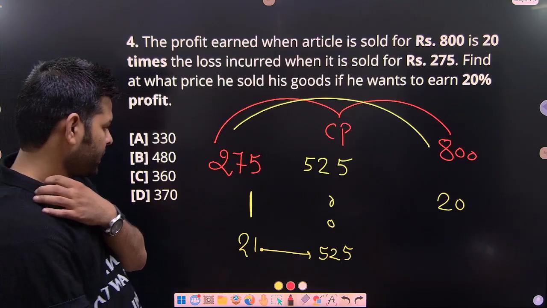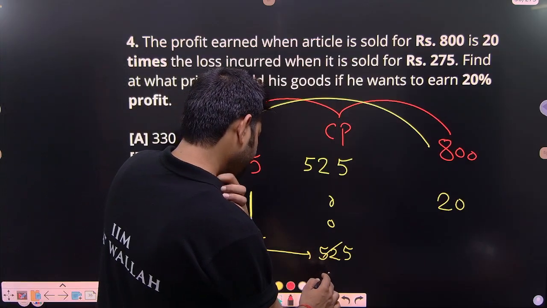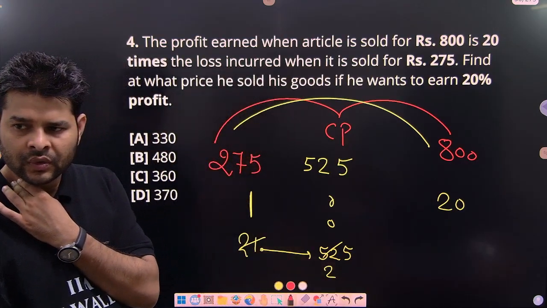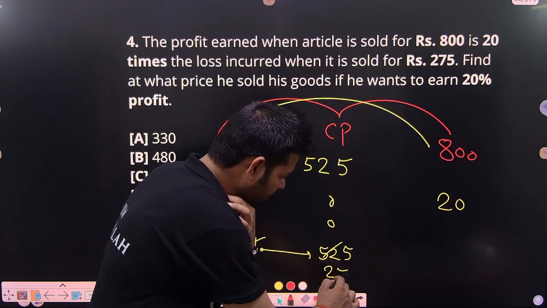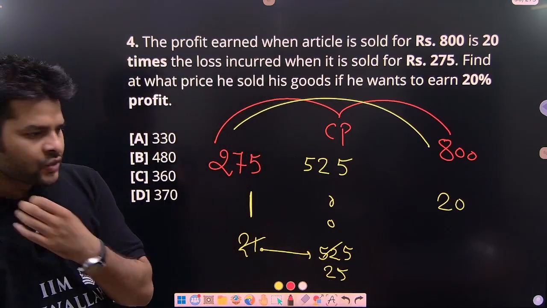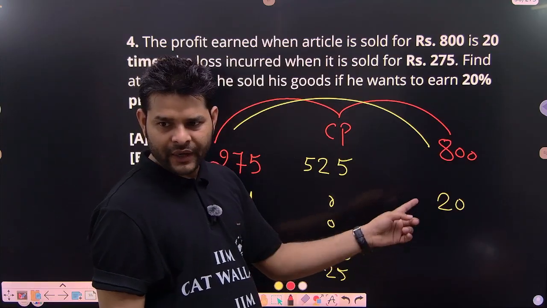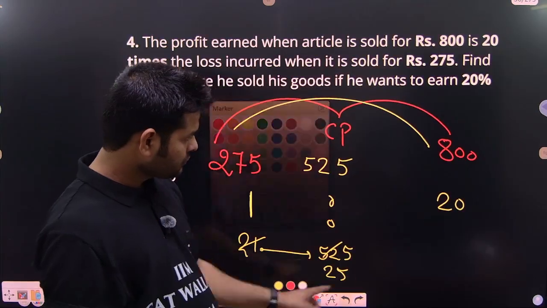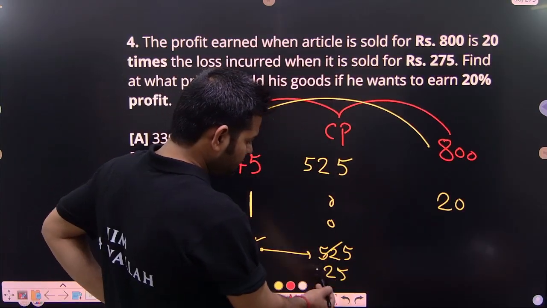So 21 units is 525, and 1 unit value would be 25. So profit would be 20 into 25, 500.